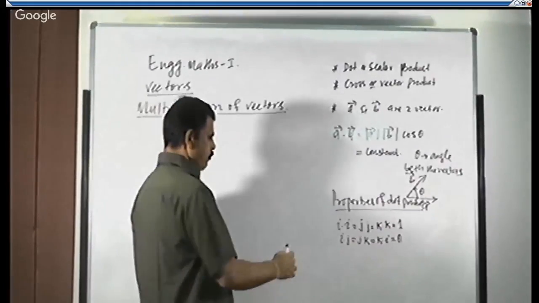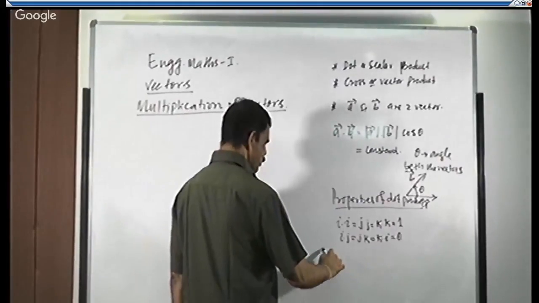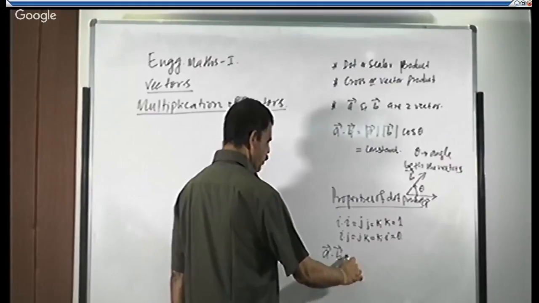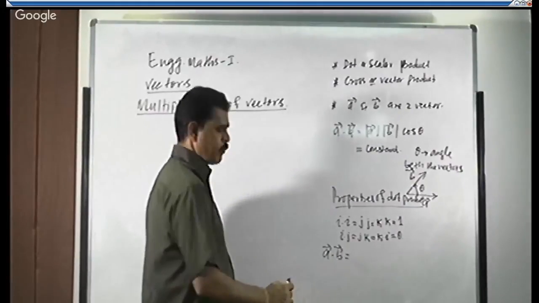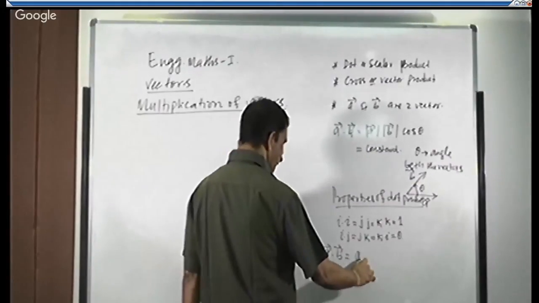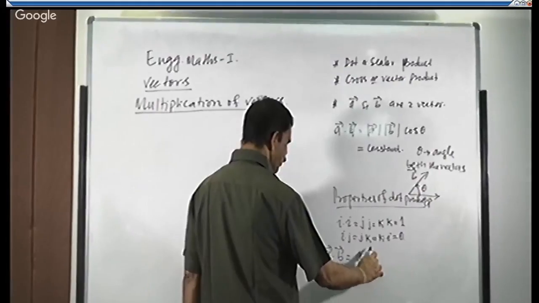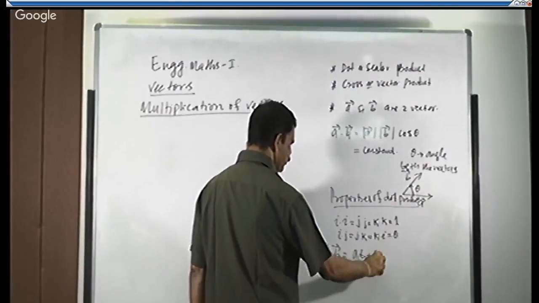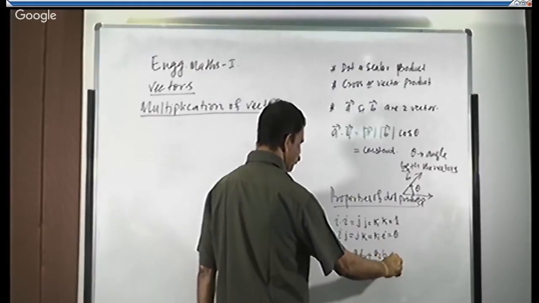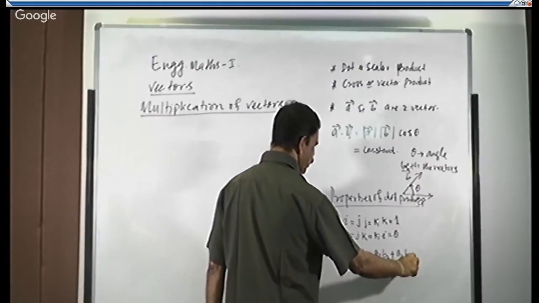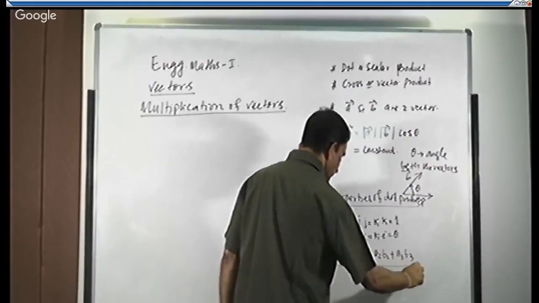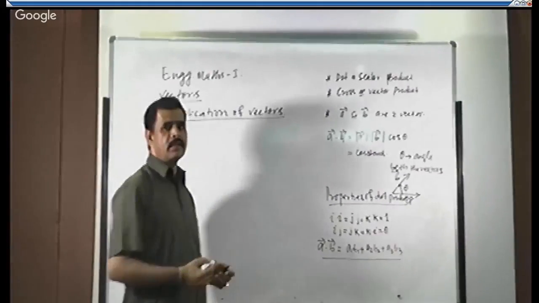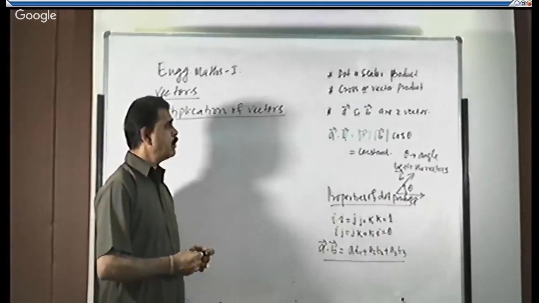And we have derived the dot product formula, that is A1 B1 plus A2 B2 plus A3 B3. So till this we discussed in the last class about the dot product.